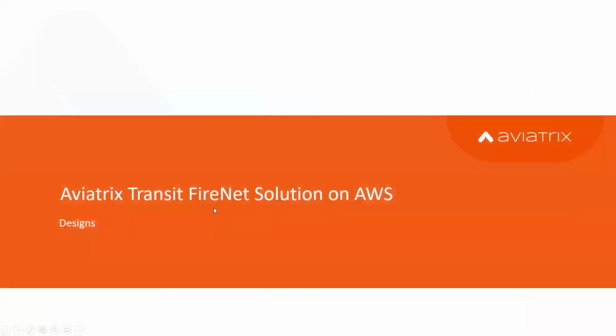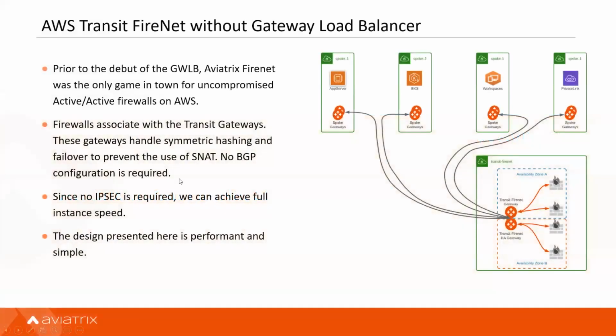Now enter Aviatrix Transit FireNet on AWS. We provide a solution to all those hassles. Here's the first one that we developed before Gateway Load Balancer was even on anyone's radar. And it's a very simple solution from a deployment perspective. We have our spoke gateways here that connect to transit, our traditional transit design.